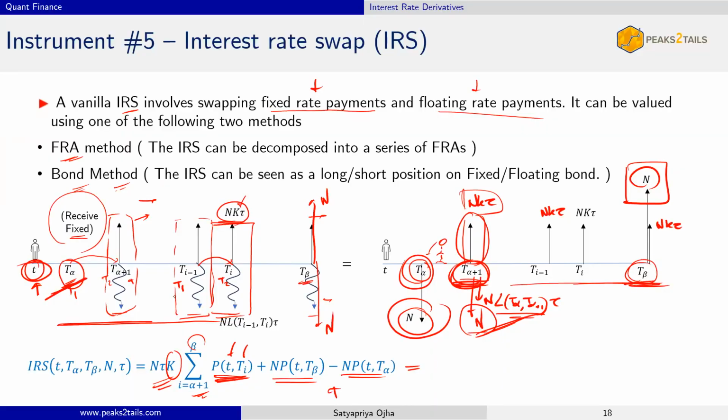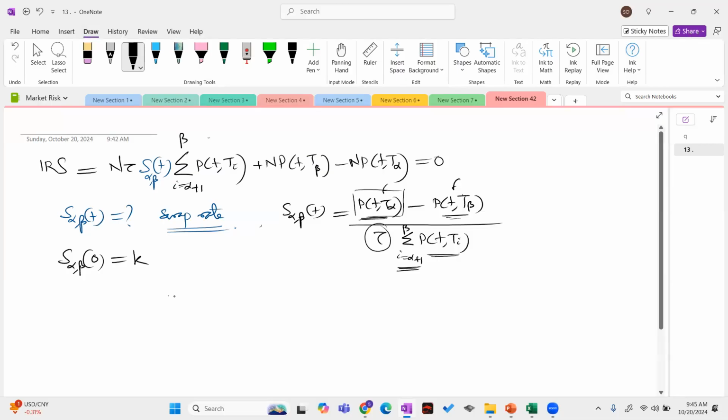If I look at the diagram, T, T alpha, T beta. This you understood? This is the discounting factor for any day. The last one is this discounting factor divided by tau, the sum of discounting factors that starts from T alpha plus 1, guys. Please remember, from here, this plus this plus this plus this plus this, from the actual cash flow.